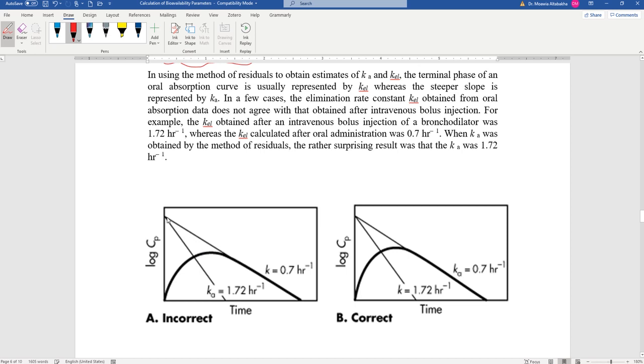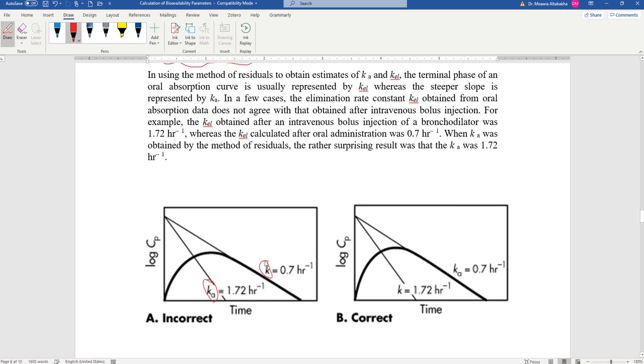Look, in the residual method the steeper line, the one with more slope, is always KA, and the other one is KL, where the slope is less. See the inclination here is less than here. That's why the higher slope is for KA and the smaller slope is for KL. It's always like this, and that's what we expect, right?